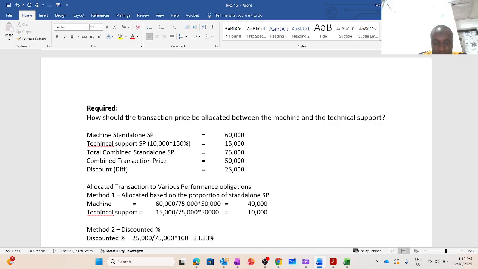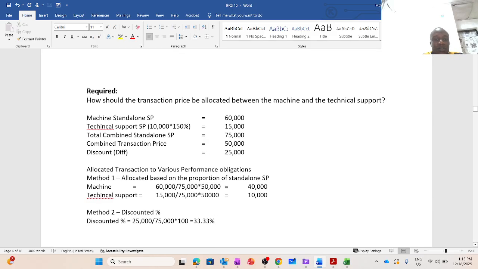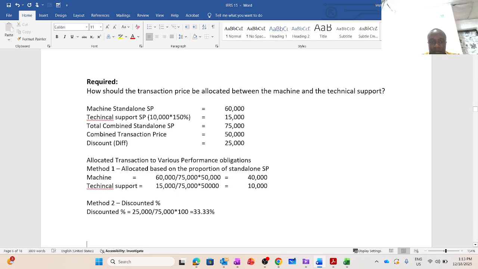So now this percentage, we are going to apply it to the various combined performance obligations. This is method two that we are going to use to allocate the transaction price. So nothing to worry about. 33.33%, you are going to deduct it from the various transaction prices. Then we can get the same answer of 40 and 10.